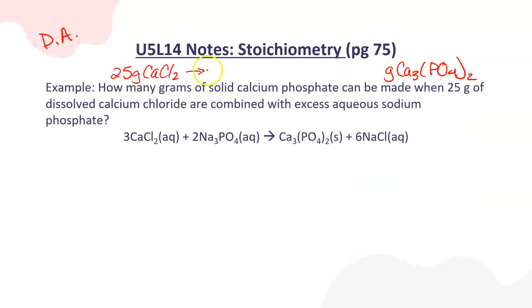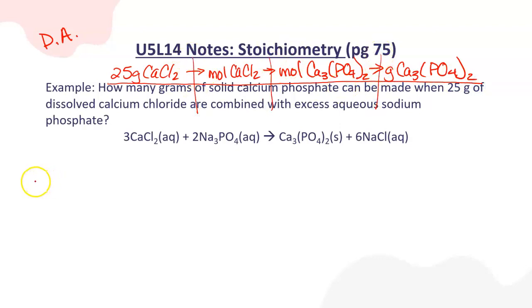First moles of calcium chloride, then moles of calcium phosphate, then we can go to grams. Now when we do our train tracks, this tells us what goes on the top, and that we will have lines for these. So that's what I'm going to set up, is 25 grams.